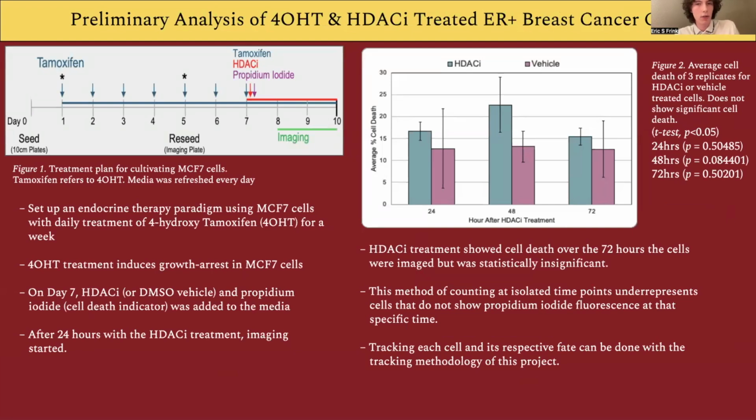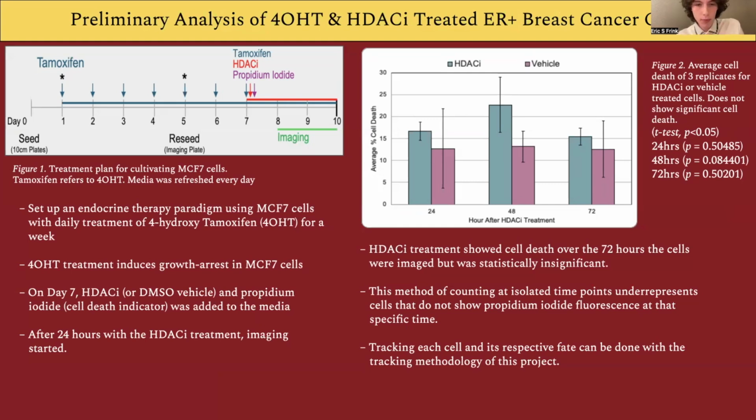And so in application of this recognition process, I used the 4-hydroxytamoxifen and the panobinostat, or the HDAC inhibitor, on an MCF7 or ER positive breast cancer cell line. And so to mimic an endocrine therapy, which is used in clinic to treat breast cancer, I had to do a daily treatment of the cells with the tamoxifen.